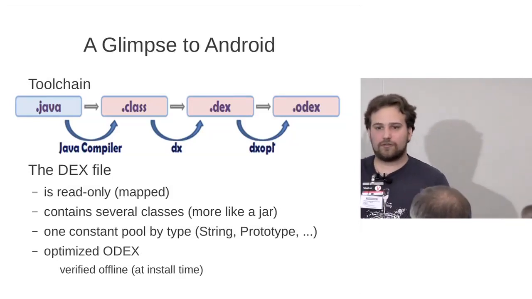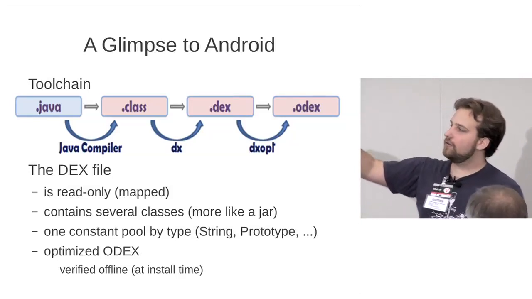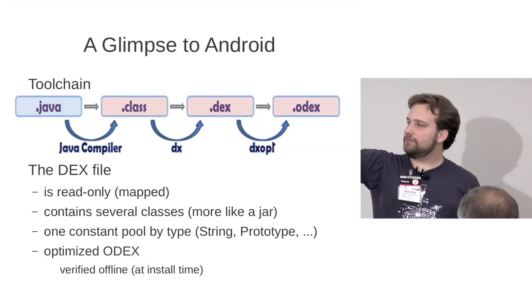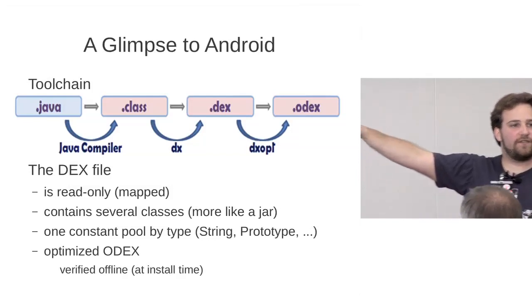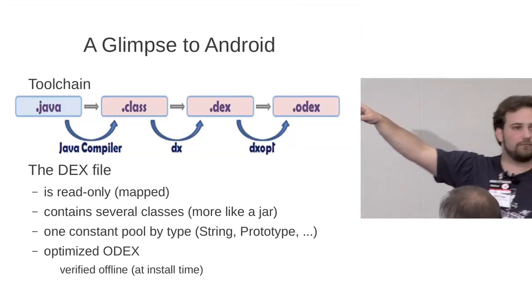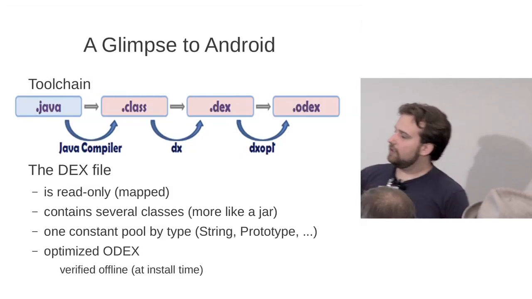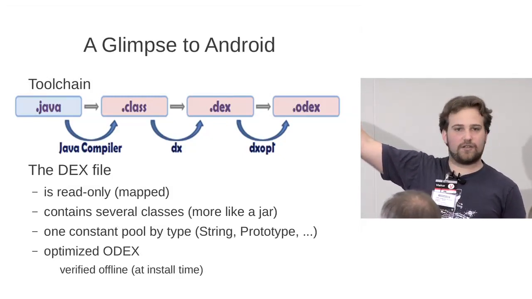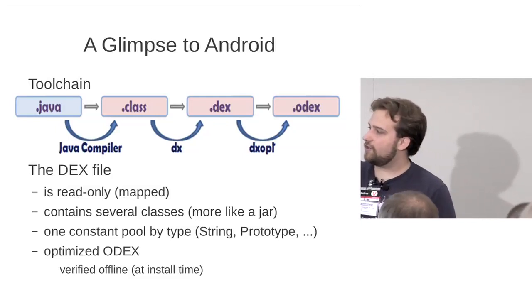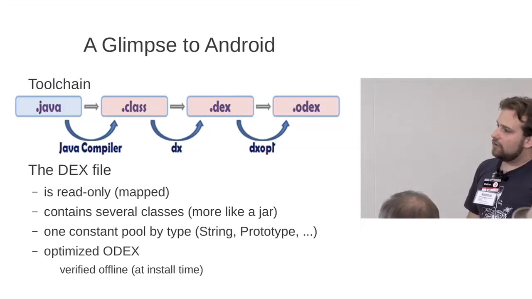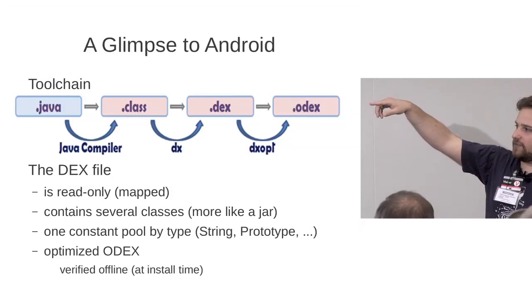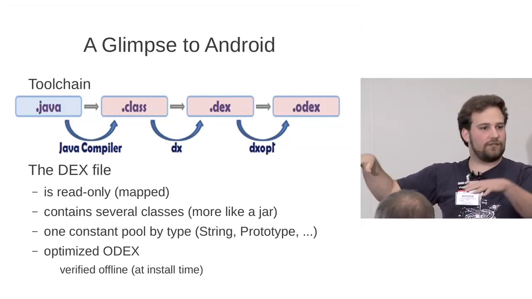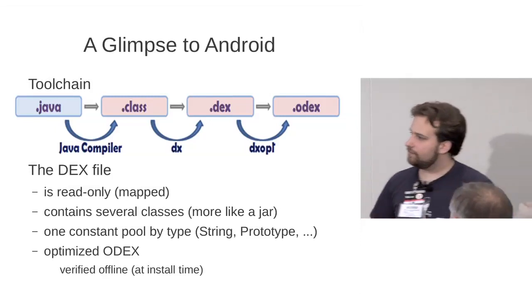Dalvik can't directly execute Java bytecode, so it is translated into a Dalvik bytecode called DEX, for Dalvik executable, and it can optimize this bytecode with the tool dexopt. This optimization happens when the application is installed on the device.